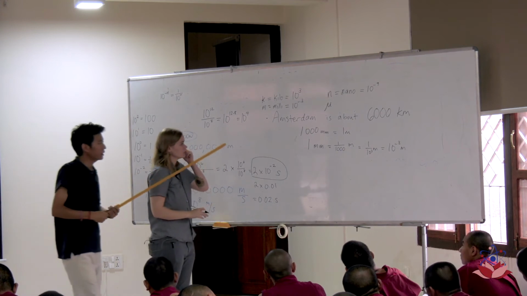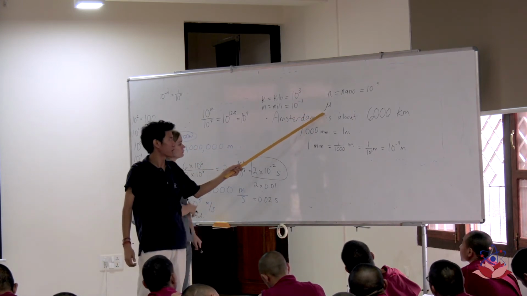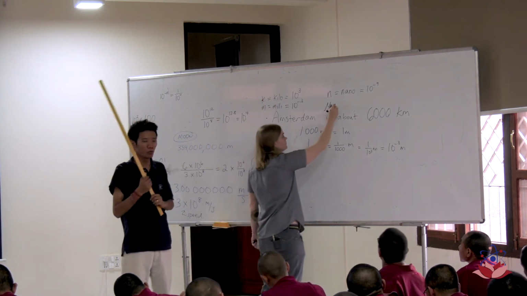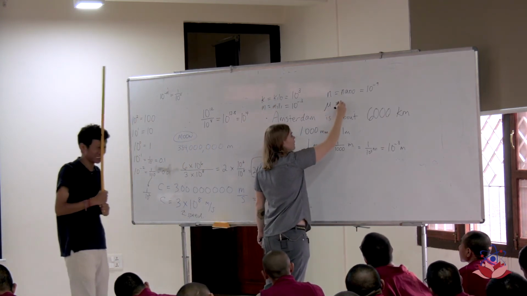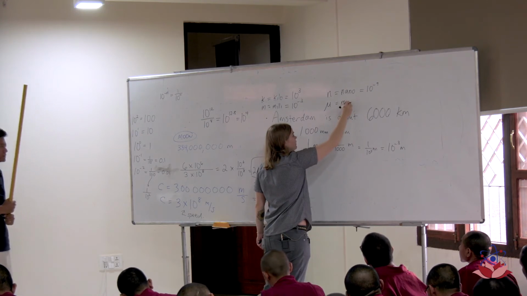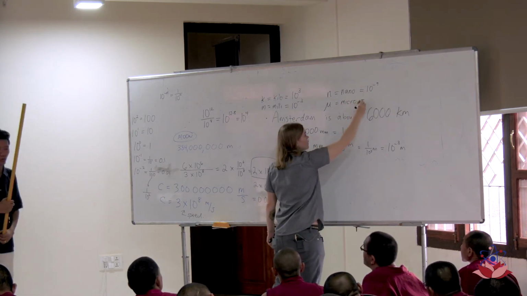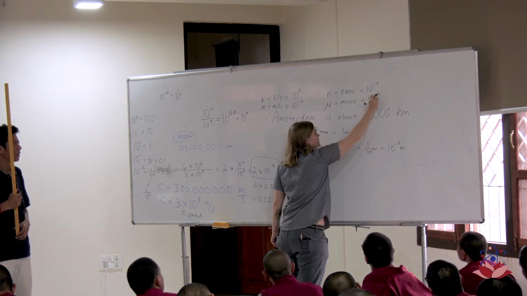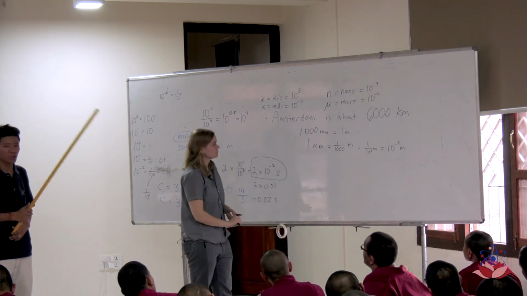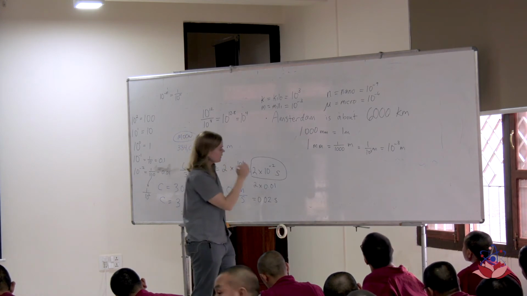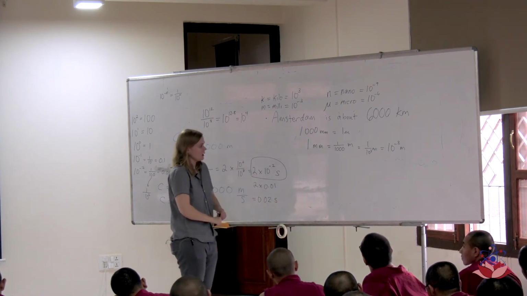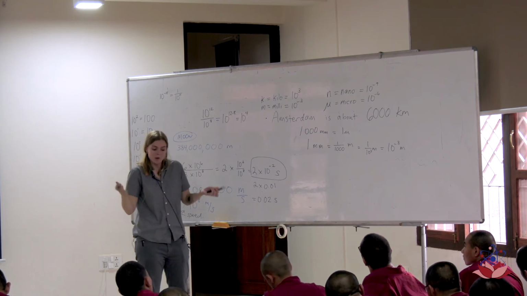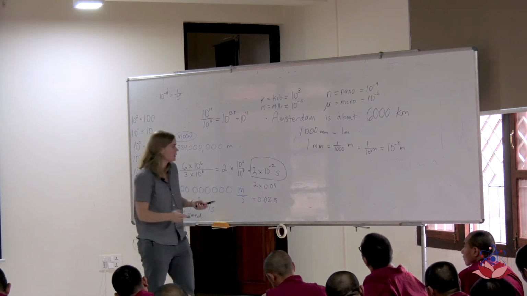So mu is micro, and this is 10 to the minus 6. Just as a point of information, the size of a cell is approximately 10 micrometers.